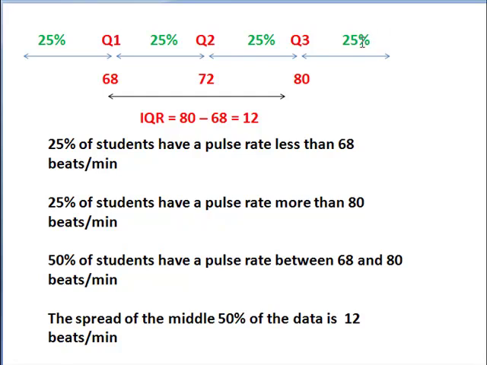Conversely, to say that Q3 is 80 means that 25% of the students have a pulse rate that is greater than 80 beats per minute. So the majority of the students, the middle 50%, have a pulse rate somewhere between 68 and 80 beats per minute. And the IQR measures the spread of the middle 50%, which is 12 beats per minute.